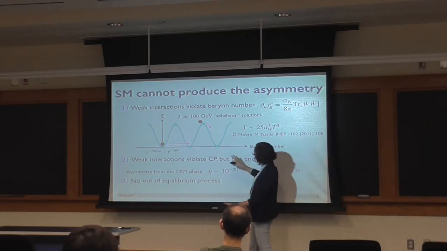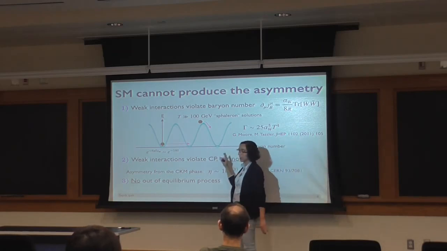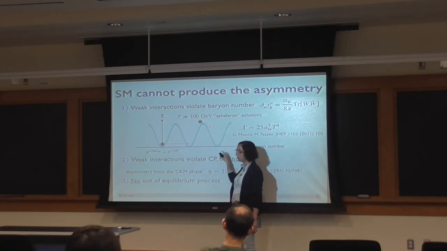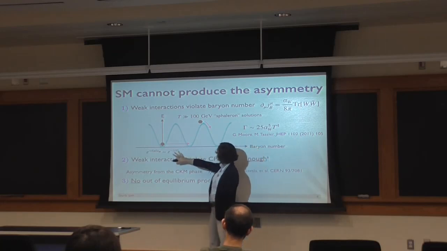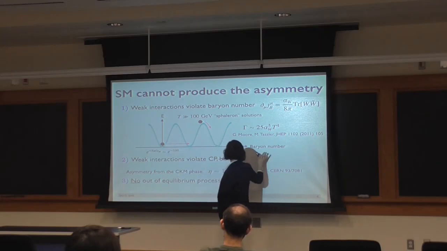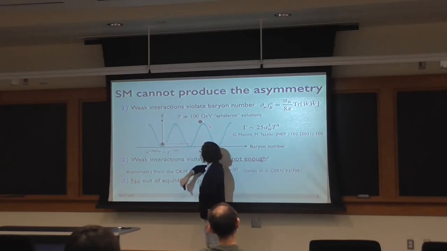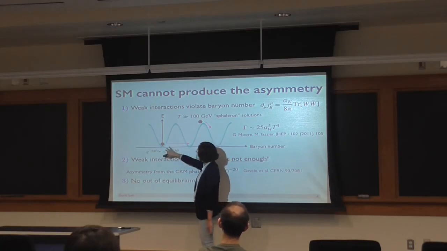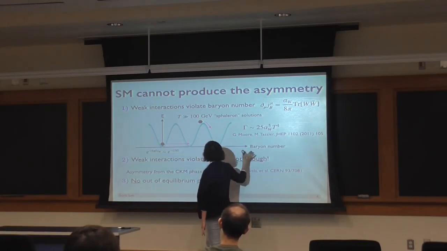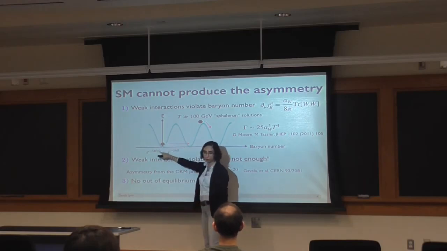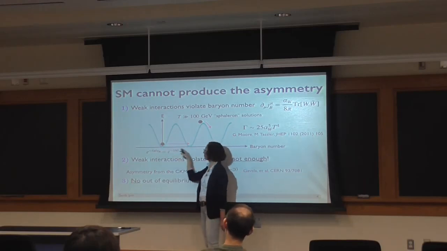So let's assume that our universe is stuck in a potential like this. This is just a cosine potential. The x-axis is baryon number or the baryon asymmetry, and this is some energy. At zero temperature, the universe can sit in one of the minima of this with some baryon number. And in order to change baryon number, it needs to tunnel.